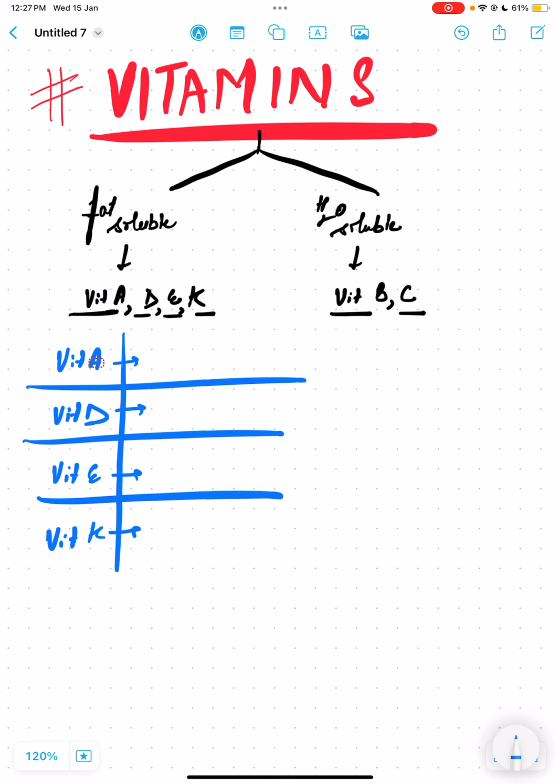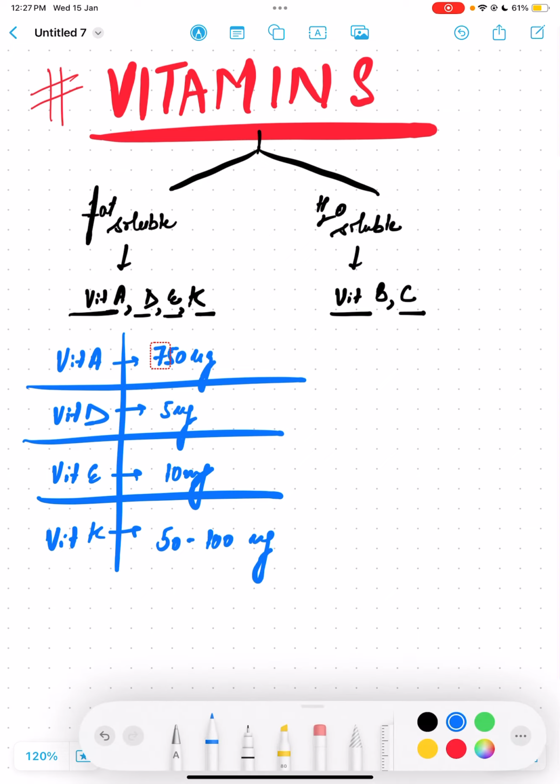Vitamin A we require is 750 microgram, vitamin D is 5 microgram, vitamin E is 10 milligram, and vitamin K is 5200 microgram. Please remember, don't confuse the term milligram with microgram. Let's focus again: vitamin A is 750 microgram, vitamin D is 5 microgram, vitamin E is 10 milligram, and vitamin K is 5200 microgram.